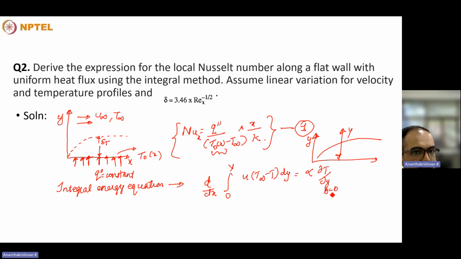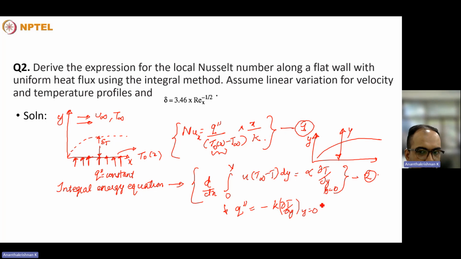By applying the boundary conditions, we get this reduced form of the integral energy equation, which we denote by 2. This is subject to the boundary condition of a constant wall heat flux: q double dash equals minus k into dou T by dou y at y equal to 0, equal to constant.